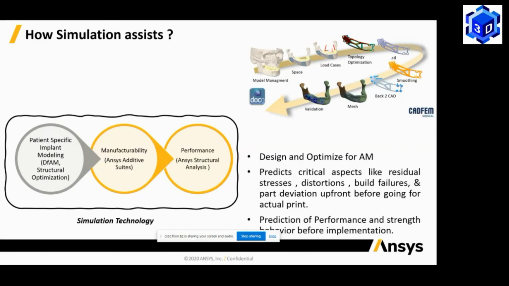So we can predict the performance and strength behavior before implementation by doing FE analysis on these implants. This is one image I got here, where you can see how the topology optimization has been done on this implant, and later this is also validated by doing the FEA simulation on this implant.